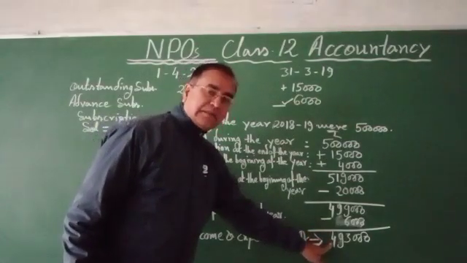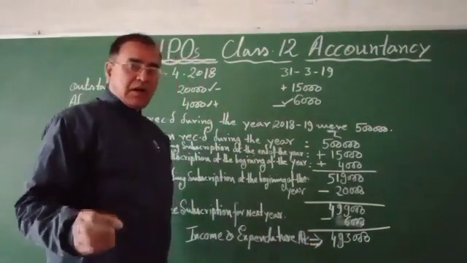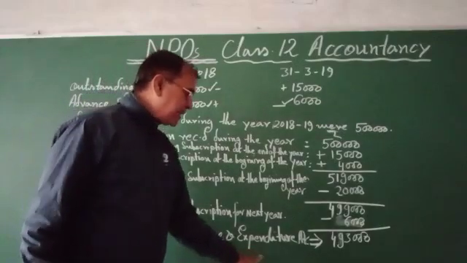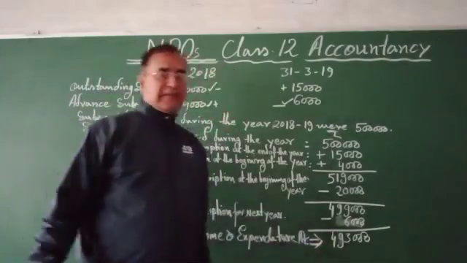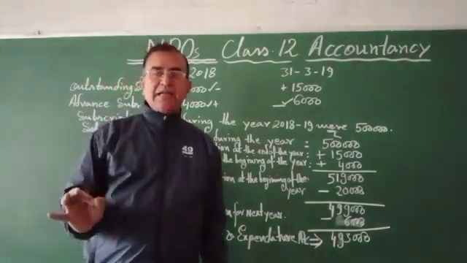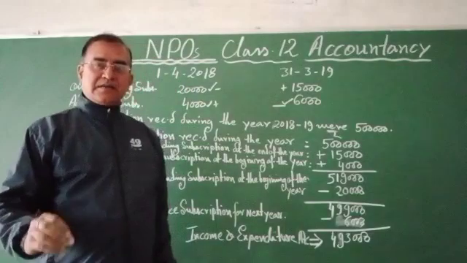So the actual amount to be credited in the income and expenditure account is 4,93,000. This is the proper way of computing the subscription.